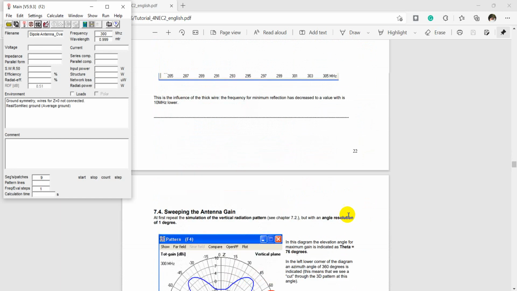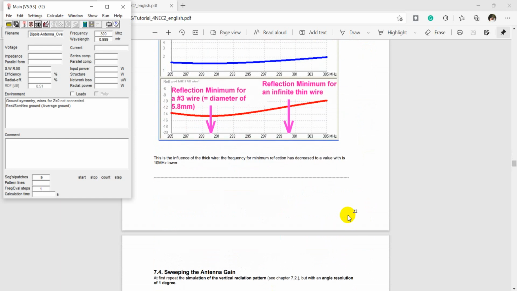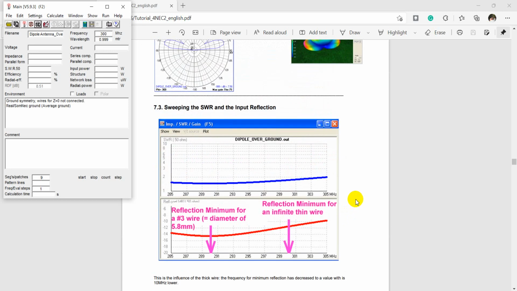When you put the value at the maximum level, the radiation pattern depends on the thickness of the wire or any other parameter that really affects your design.